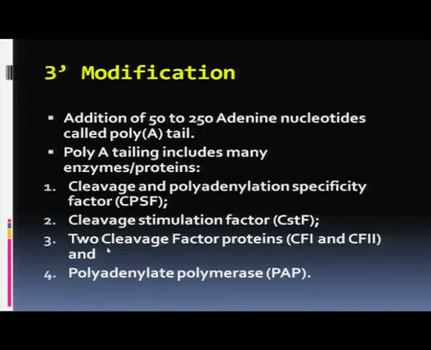So, these factors, these proteins help in 3 prime poly A tail formation. These factors are CPSF, CSTF, the 2 cleavage factor proteins CF1 and CF2, and the polyadenylate polymerase PAP enzyme.